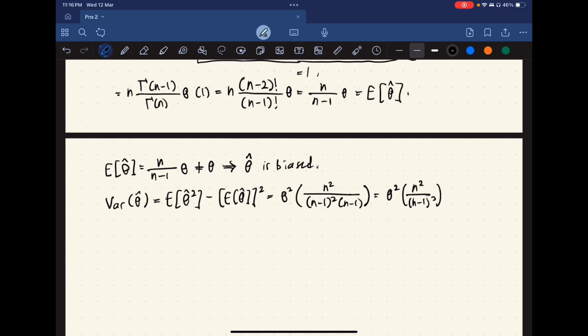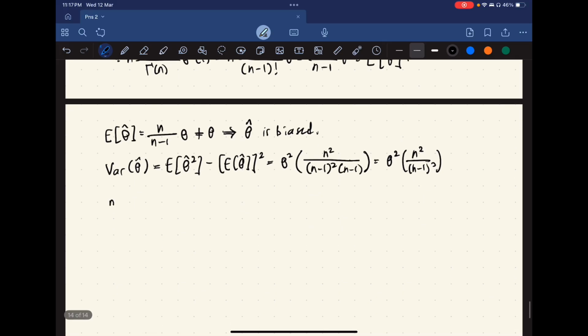As n approaches infinity, the expectation will approach theta itself, because the ratio n over n minus 1 is 1.